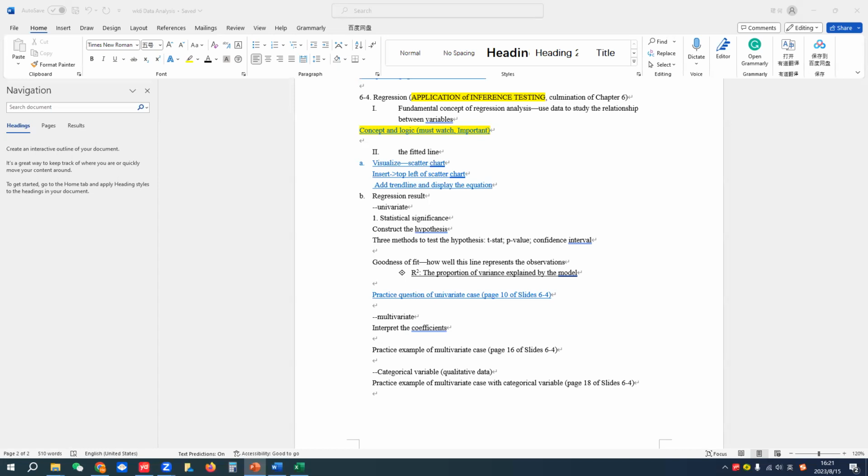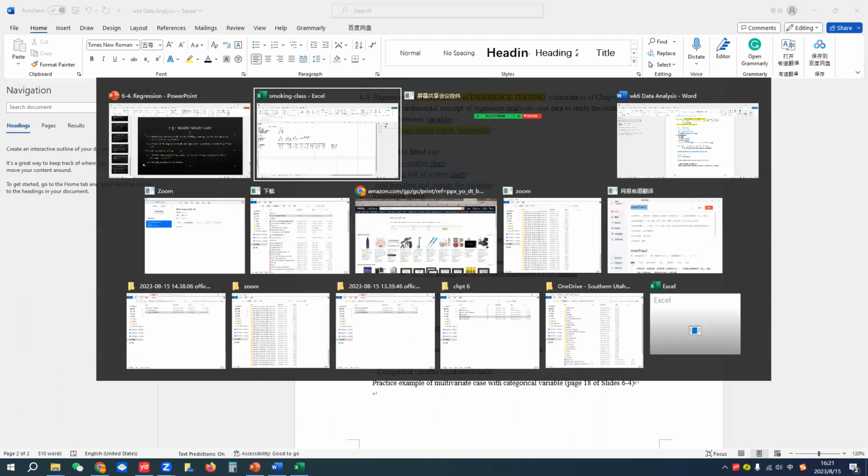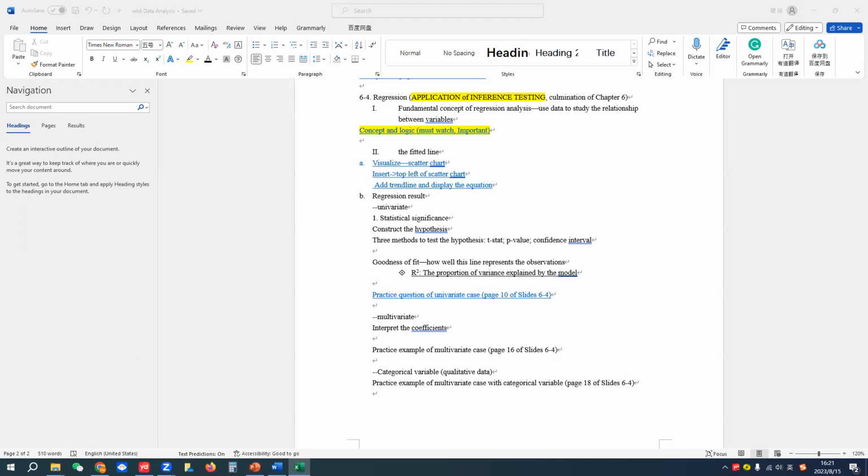So if I were to add one last thing, I would say, what is the overall goodness of this model? The overall goodness of this model is reported by R squared. And here you can see it's 0.01. That means there is 1% of variance explained by this model as a proportion of the entire variance in the data.